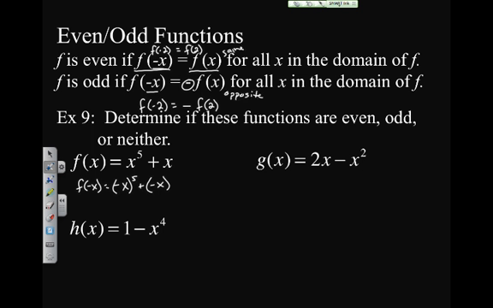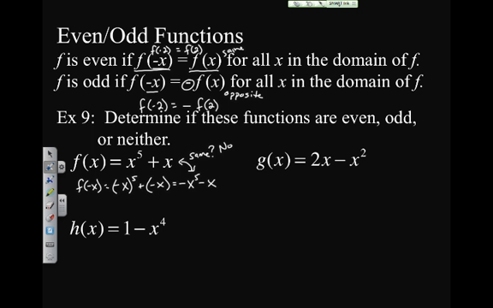So that's what we want to look for, same or opposite. Well, (-x) to the 5th power, that's 5 negatives, that's going to be -x to the 5th, and then minus x. So the first thing we check, are these two the same? And the answer is no. So we know that it's not even.